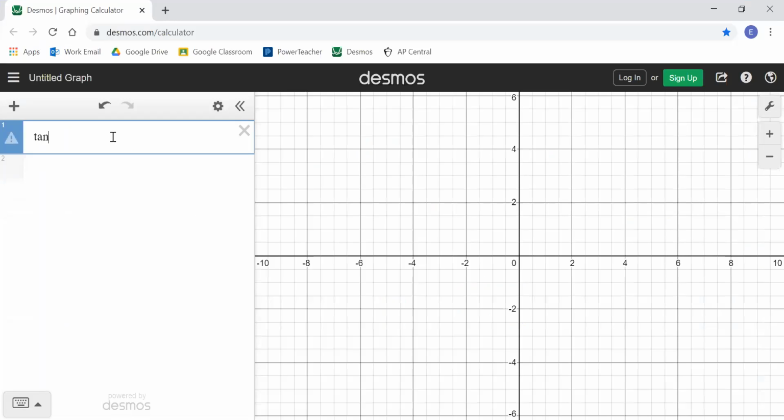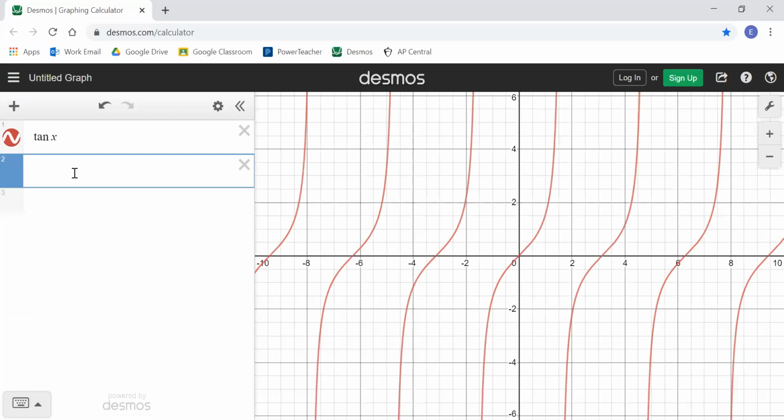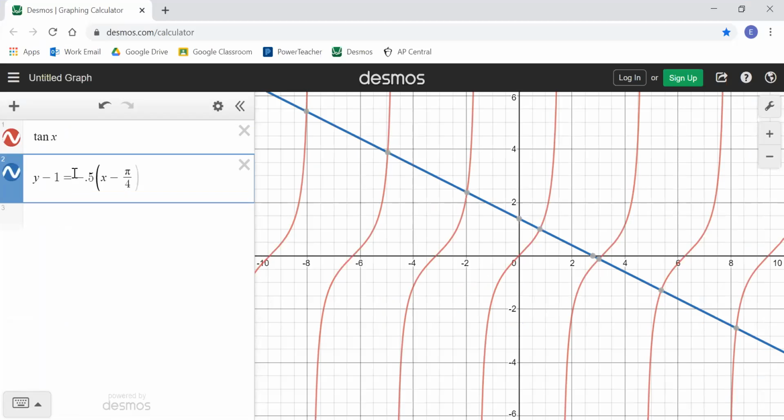So here's tangent x. And we had y minus 1 equals negative 1/2 times x minus pi over 4. And at this point, pi over 4, 1, it sure looks like that is perpendicular to it, doesn't it? At this particular point.